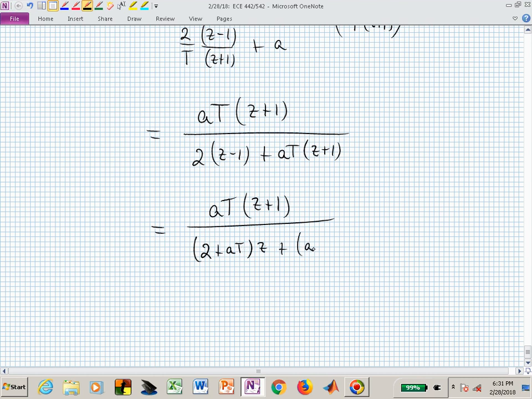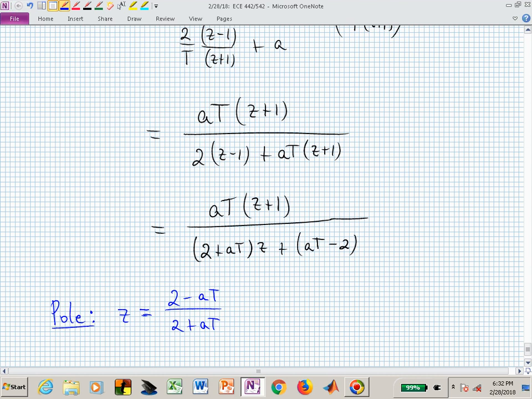And we have a plus AT minus 2 for the constant coefficient. Where's our pole? Did I do that right? So it's the negative of AT minus 2, or it's 2 minus AT divided by the coefficient scaling z, which is 2 plus AT.